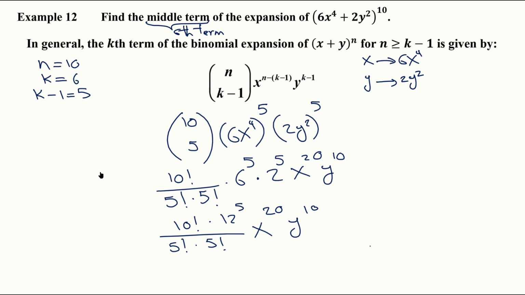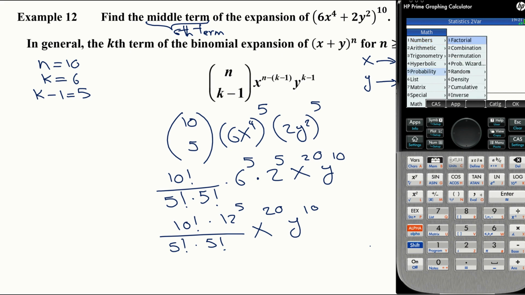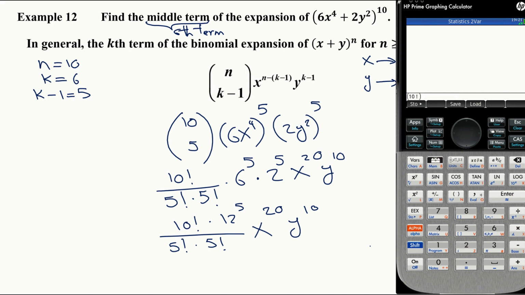All right, and now that we're all tired, we're going to go ahead and just plug that into a calculator. So we're going to have the quantity 10 factorial. Remember, click the toolbox, then probability, and then factorial. And then times 12 to the power of 5.